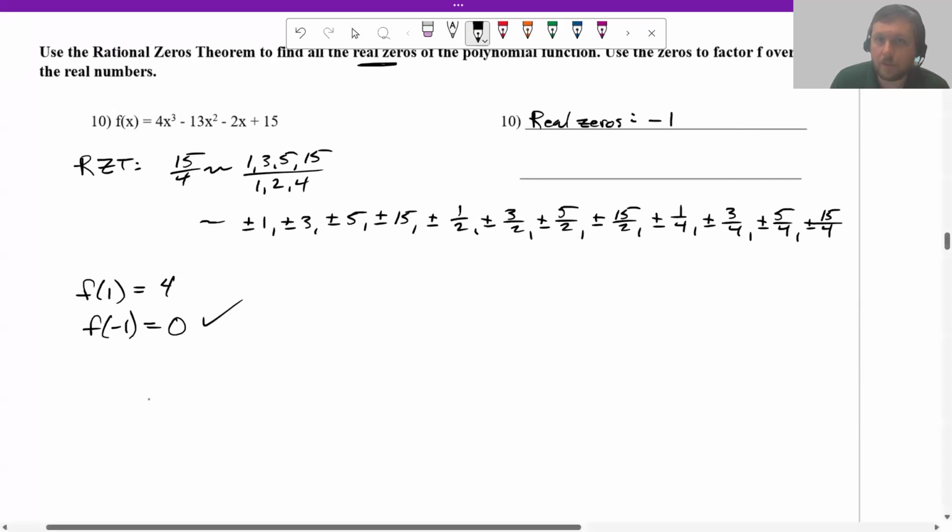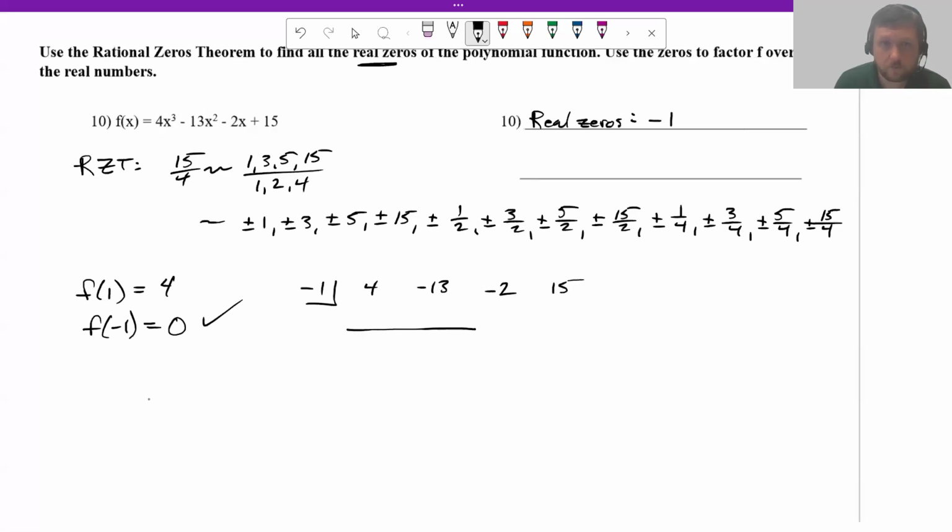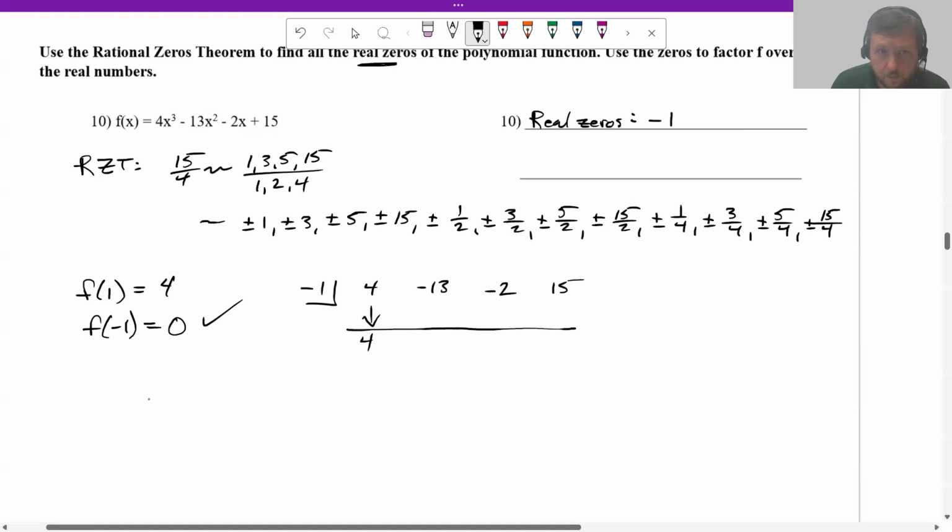So I have one of those now. And now I'm going to use synthetic division to find the depressed polynomial.